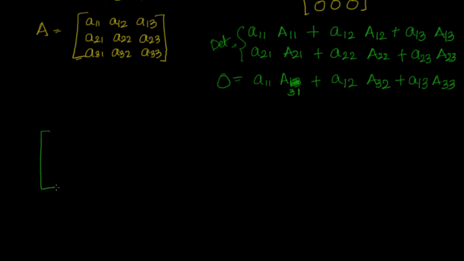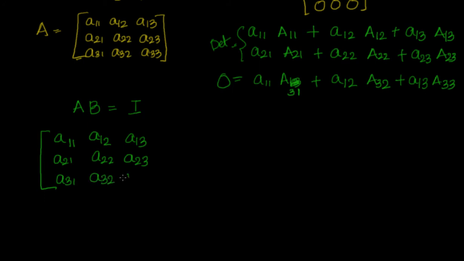What I will do is write down A as it is. Now I need AB equal to I or some multiple of I. So first, what is A? A is A11, A12, A13, A21, A22, A23, A31, A32, A33. Now I will multiply this with a matrix.